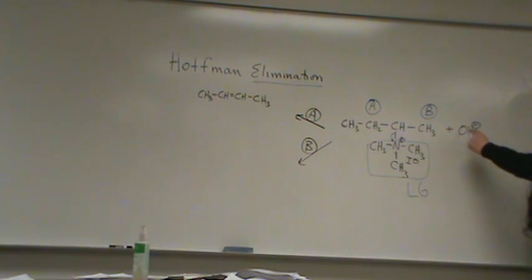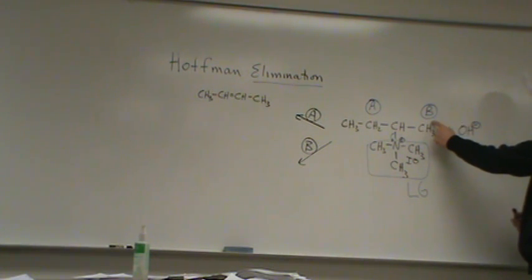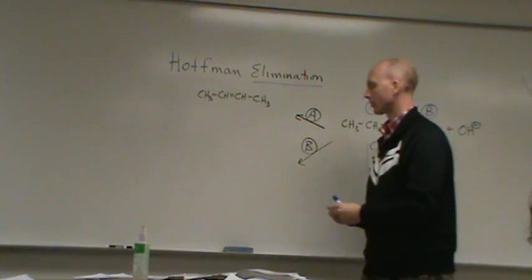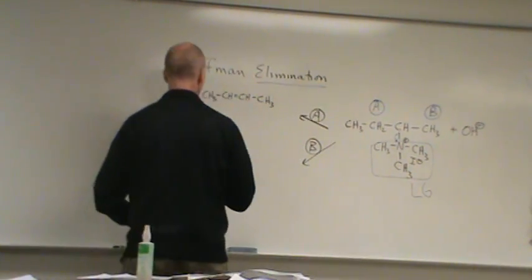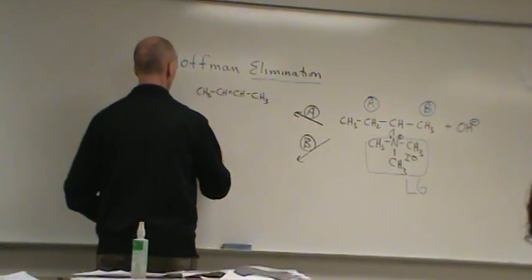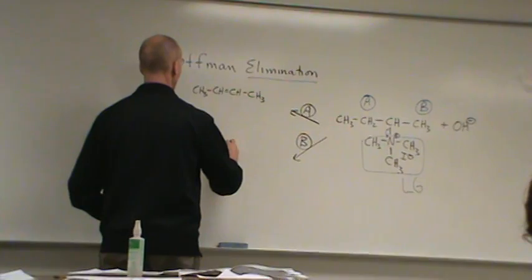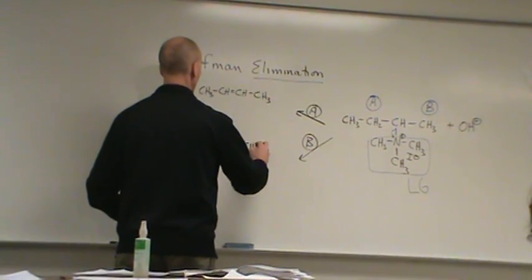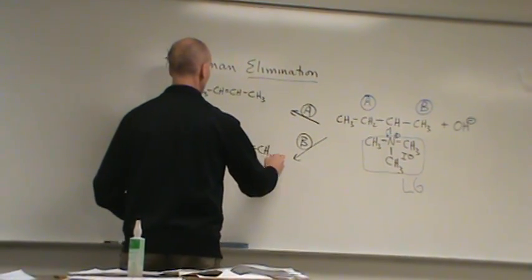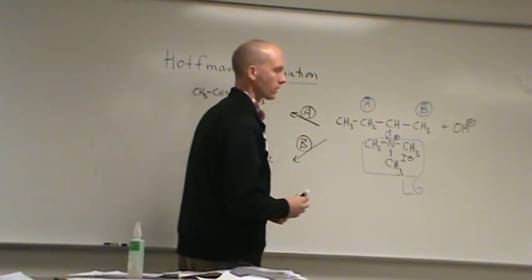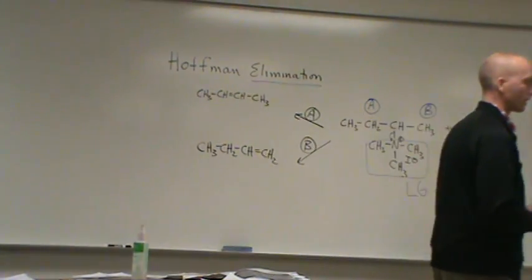If the base attacks the B hydrogen, the double bond would form here, and so we would get that alkene.